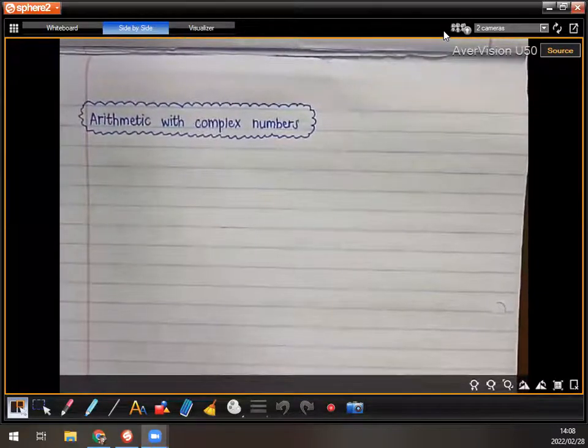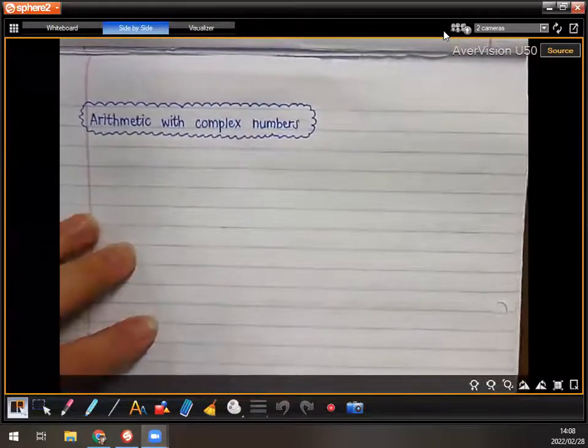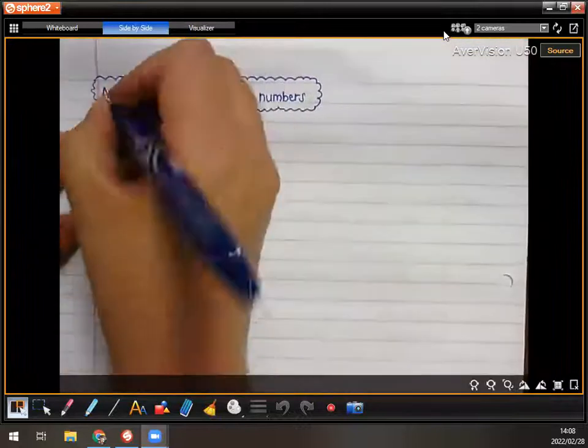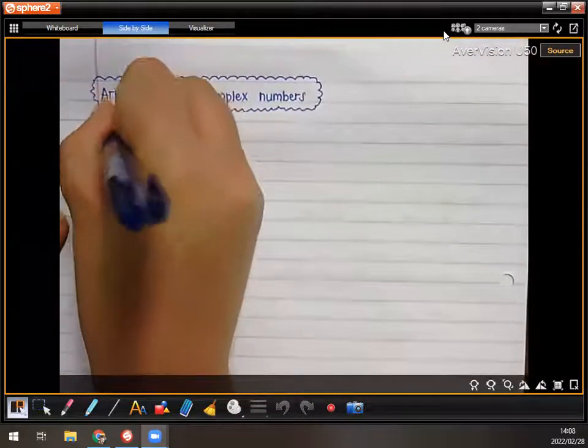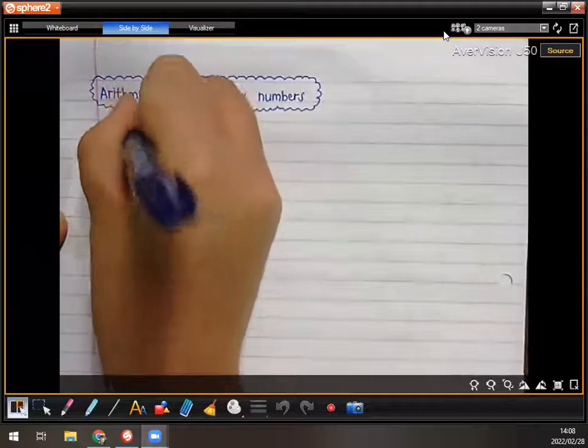Arithmetic is basically just operations, right? So we're going to add and subtract them, we're going to multiply and divide them. Let's see how that works. So, addition and subtraction.